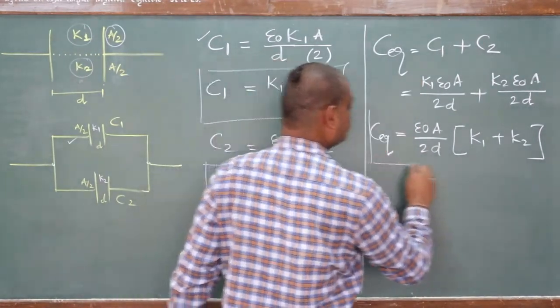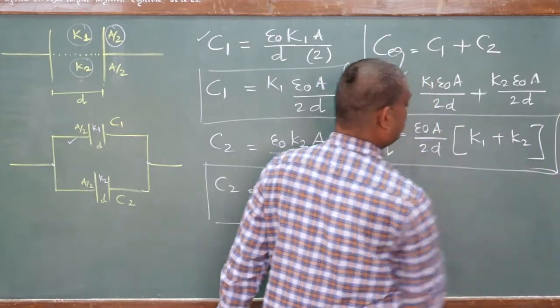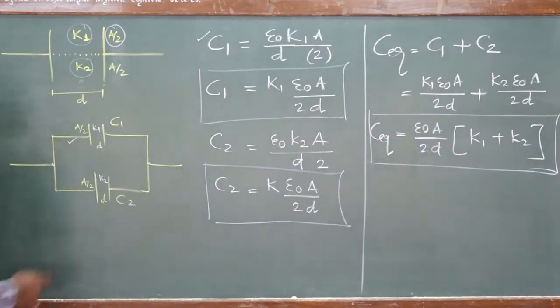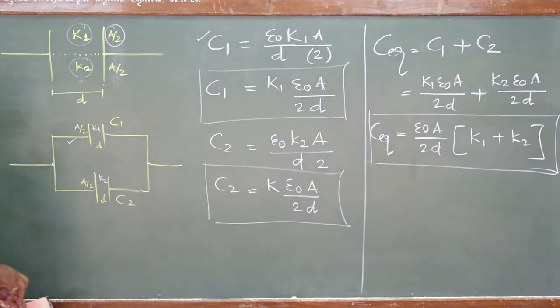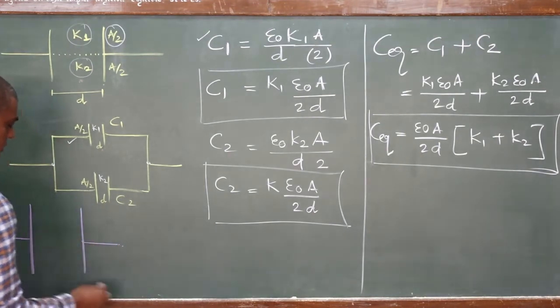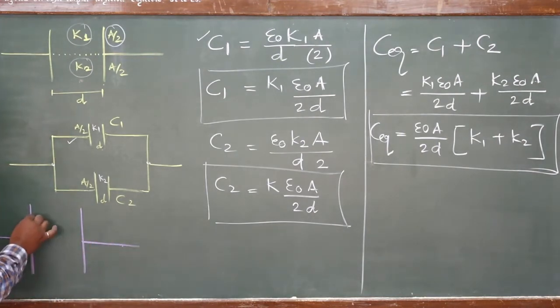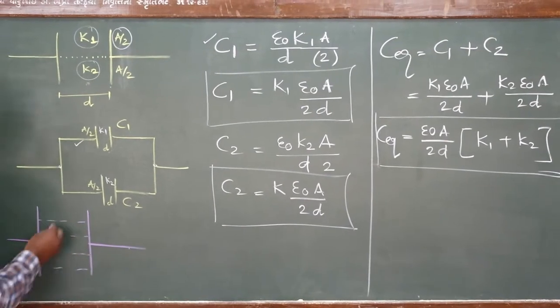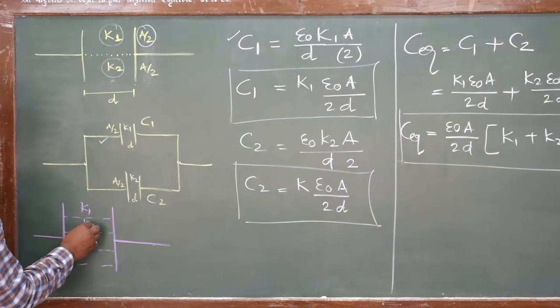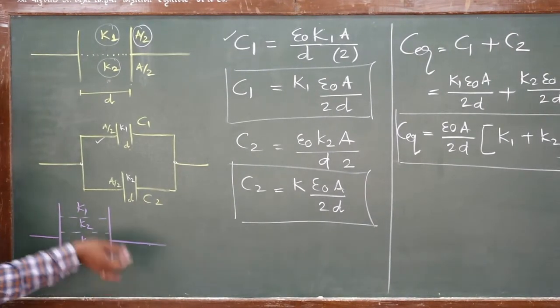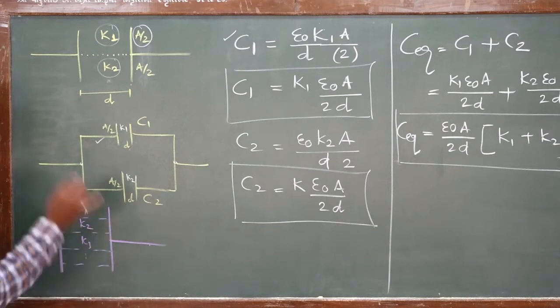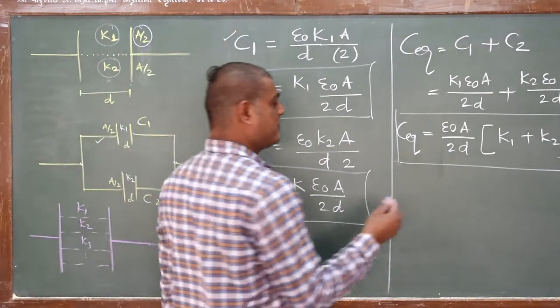This is for when there are two separations like this. Suppose there are n separations. Suppose this is the capacitor: first separation, second separation, third separation, fourth separation. K1 is the dielectric medium, K2 is the dielectric medium, K3 is the dielectric medium, up to Kn. Then what will be your formula?